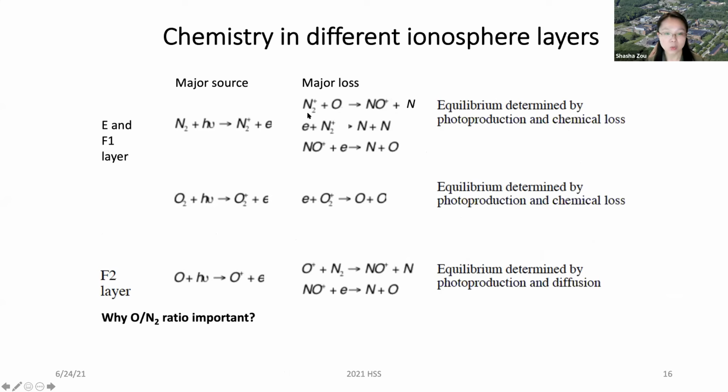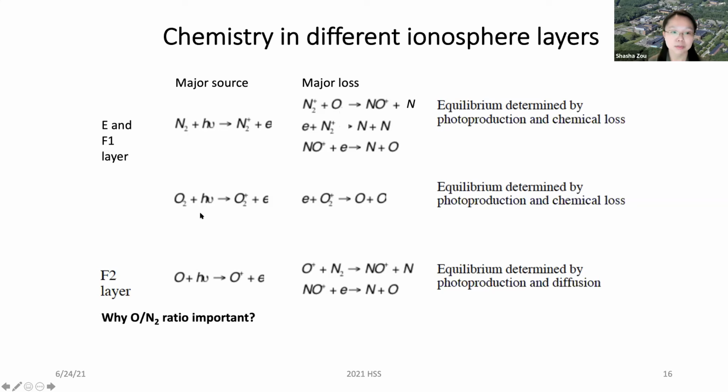The N2+, once generated by the photoionization, will very quickly charge exchange with the atomic oxygen in the ambient region, and that will give you NO+ and another neutral N. NO+ will recombine with the ambient electrons very rapidly. So that's why in the E region, the N2+ is actually not a major ion. The major ion is actually NO+.